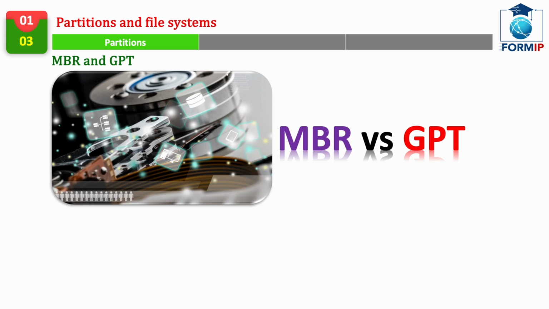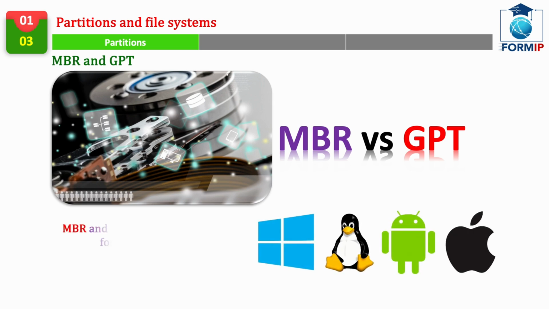MBR and GPT. As we are in a very theoretical part, we will continue by talking about the terms MBR, master boot record, and GPT, GUID partition table, which are in fact partitioning tables for all operating systems, whether Windows, Linux, or macOS.